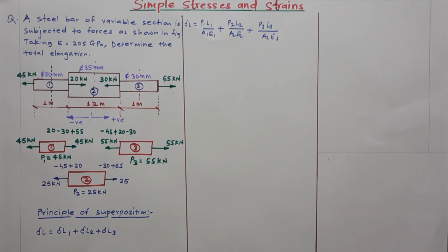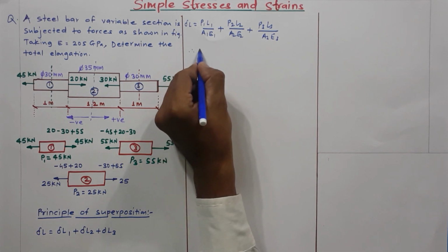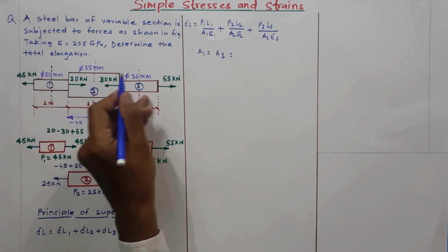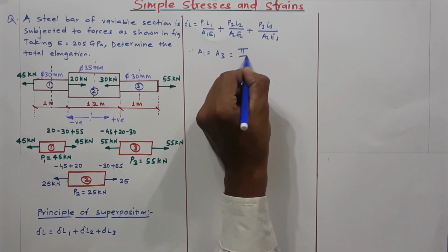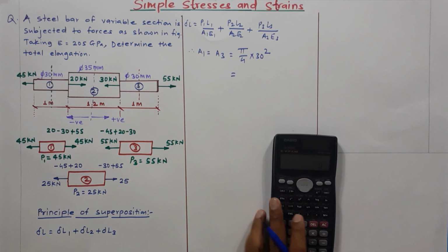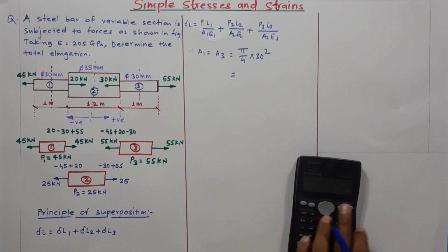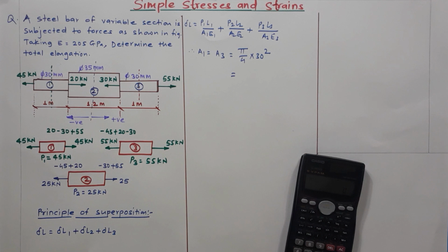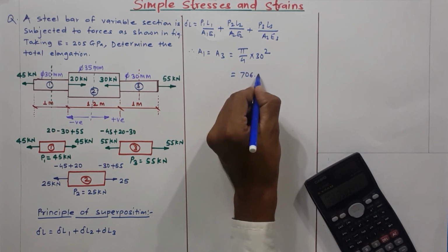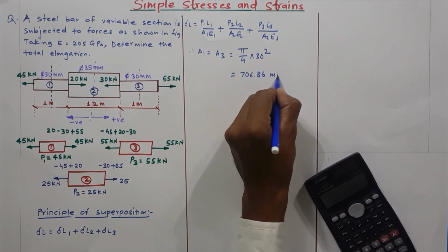So first of all we find out area of each part. First we find out A1, that A1 is equal to A3 because diameter is same, 30 mm, that is pi by 4 into 30 square. We got area of first part and third part, that is pi into 30 square divided by 4, and that area is 706.86 mm square.